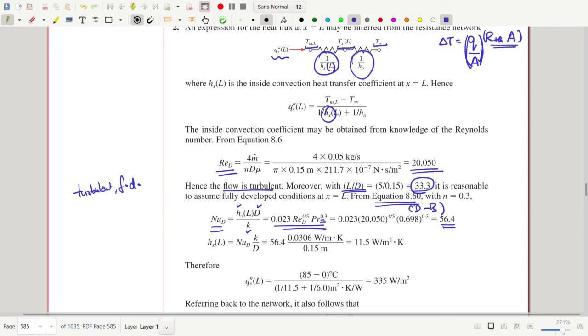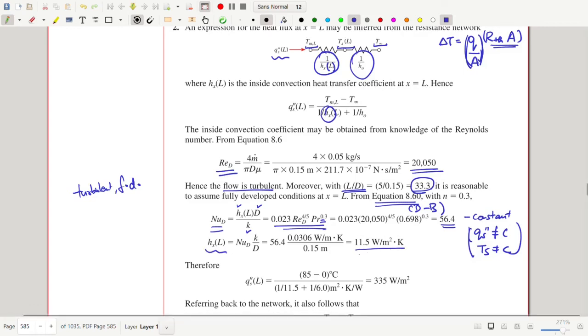Again, it is a constant, but it is neither equal to the value for constant heat flux nor equal to the value for constant surface temperature. So this is a situation where neither Qs double prime is constant nor T surface is constant. From this we can calculate the local heat transfer coefficient, which is 11.5 watts per meter square Kelvin.